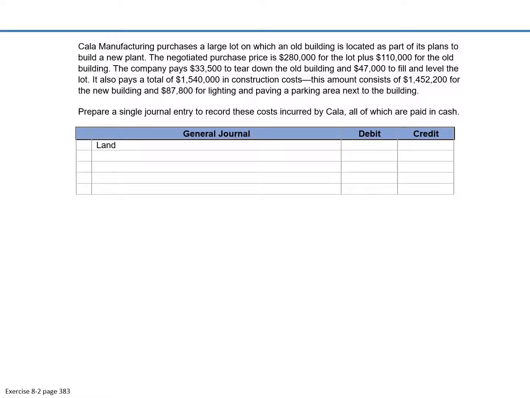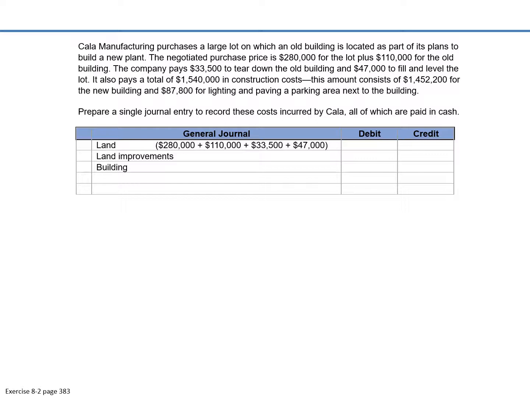All right, well, the land improvements, the building, and what else did we buy? I think that's it. So our land is going to be the cost of the land itself, which is the $280,000, plus the $110,000 for the building that they're going to knock down, plus the cost to tear down the old building, plus filling the land back in after they tear down the building.